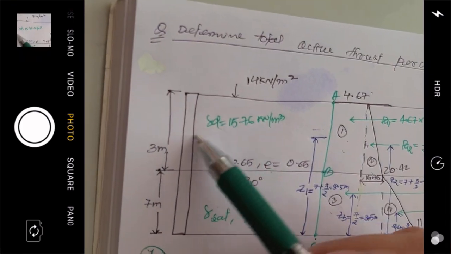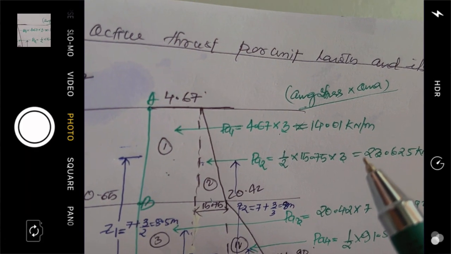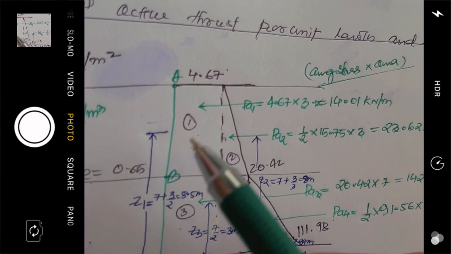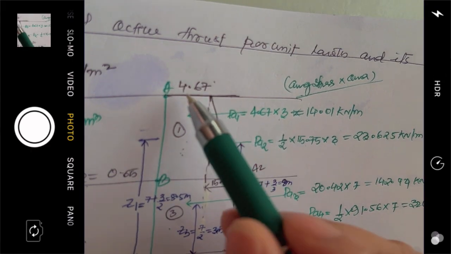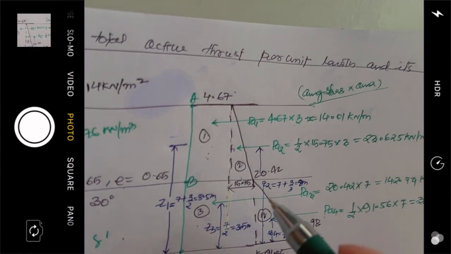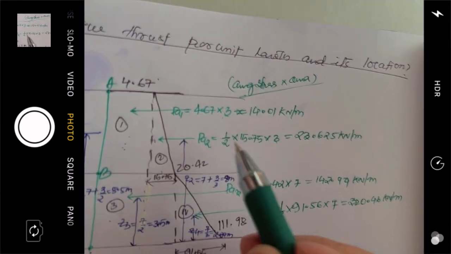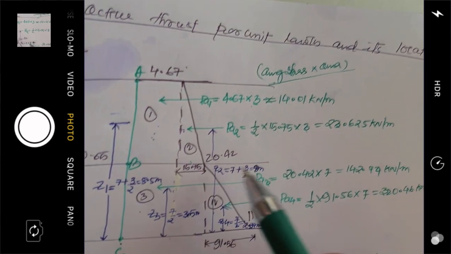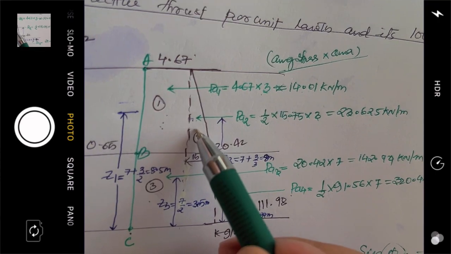Its height. If it's an issue for you, then you can just remember it as area of a rectangle is length into breadth. So our length is 4.67 and height is 3 meter, 14.01 kilonewton per meter.